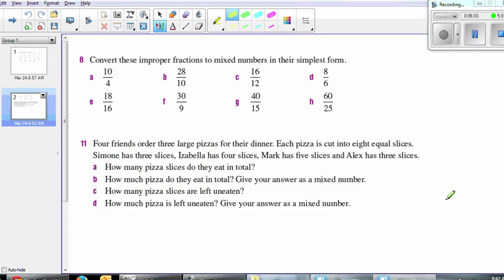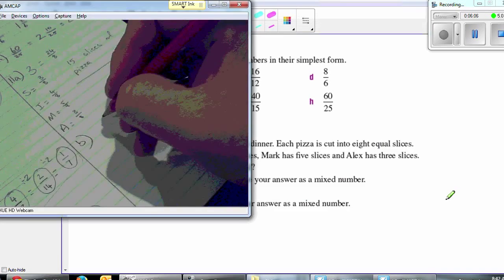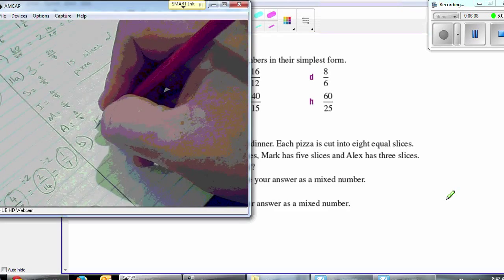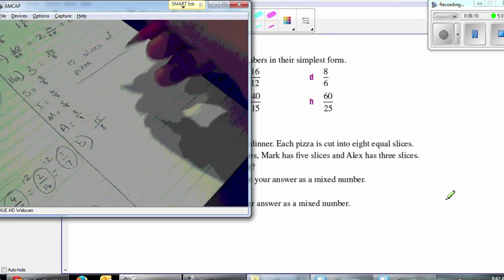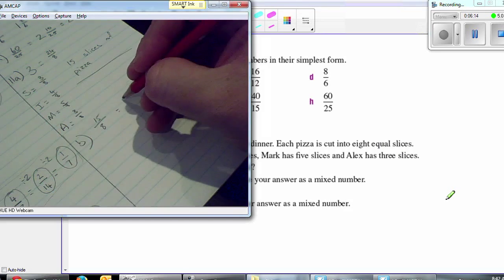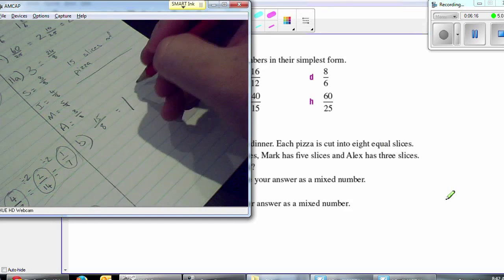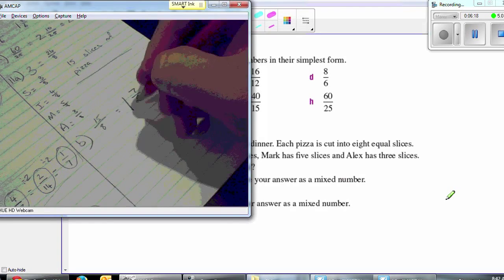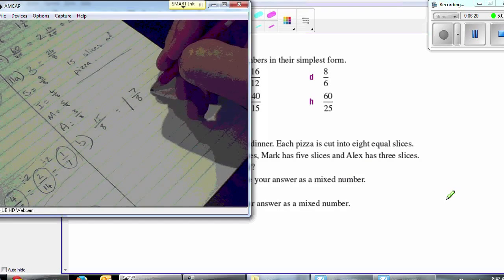We know that they ate 15 slices out of 8, okay, per pizza. So 8 goes into 15 once, all right? How many is left over? 7 is left over. So they ate 1 7/8 pizzas.